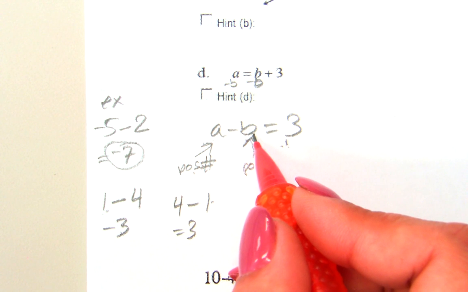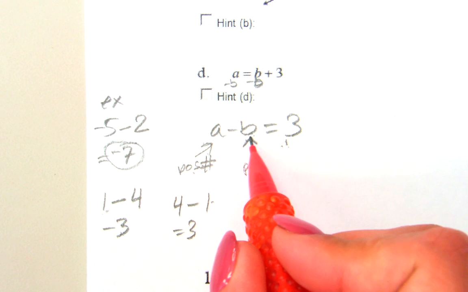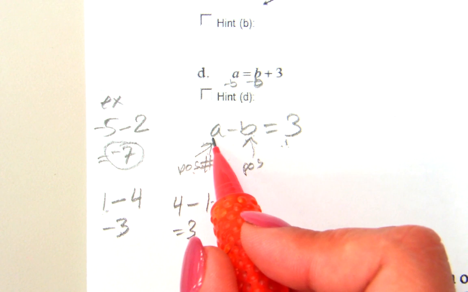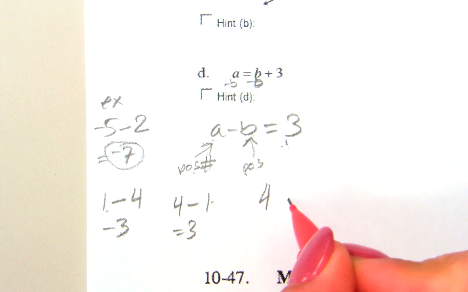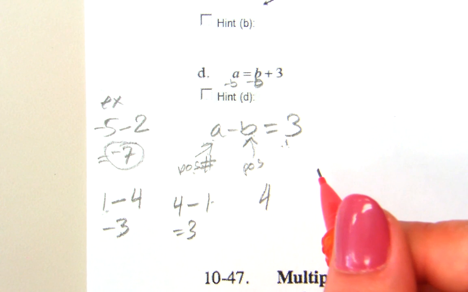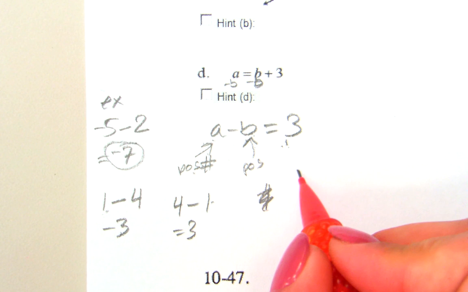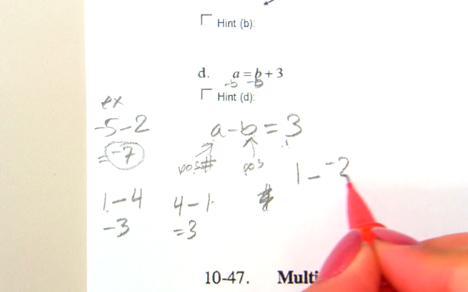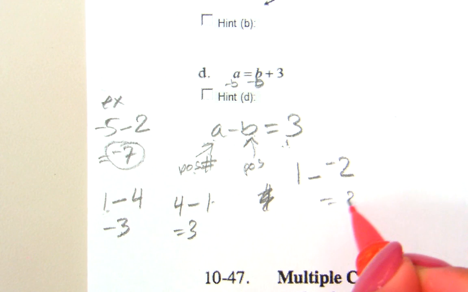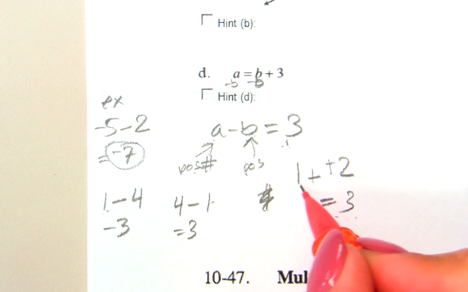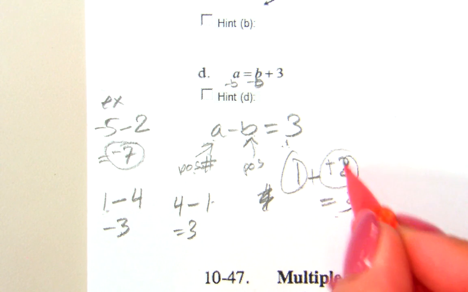Well, it wouldn't really matter anyways, because if B was negative, it'd still be less than A, like 1 minus negative 2. That'll give me a 3 also. So 1 is always going to be more than negative 2.